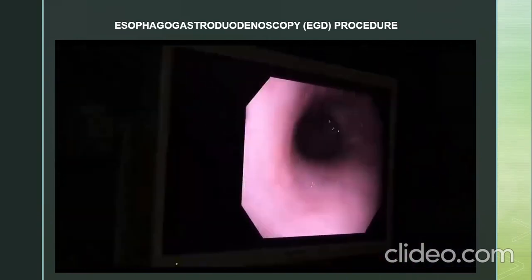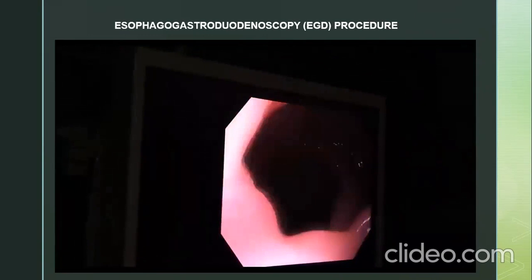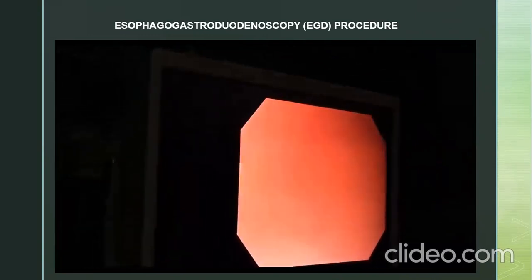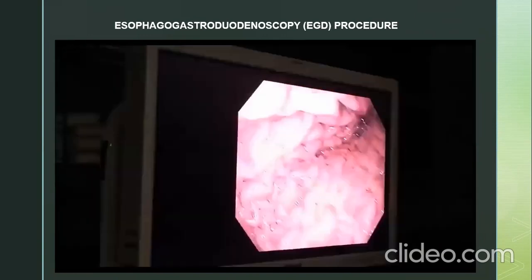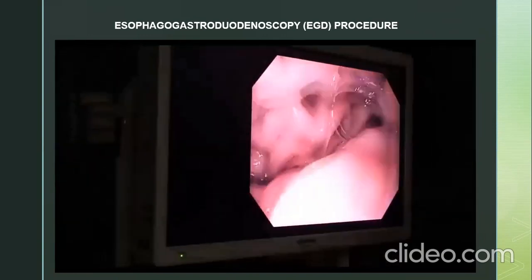Good, take a deep breath. Can you tell me where we're at? Now, this looks like the stomach.